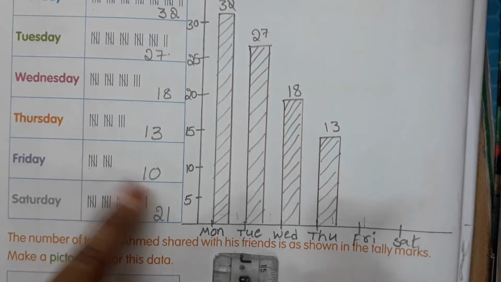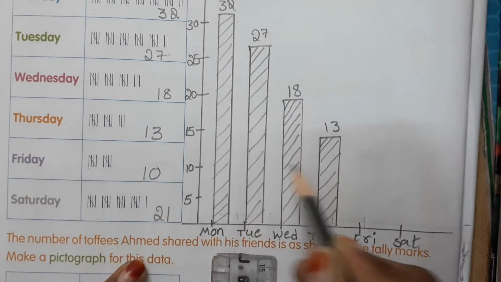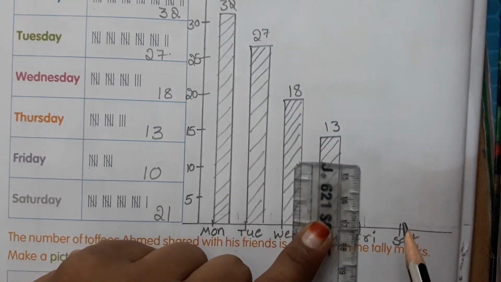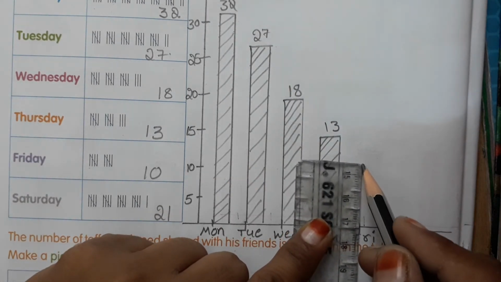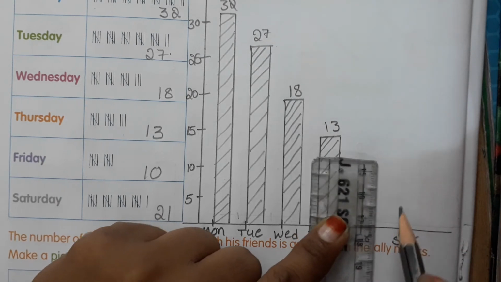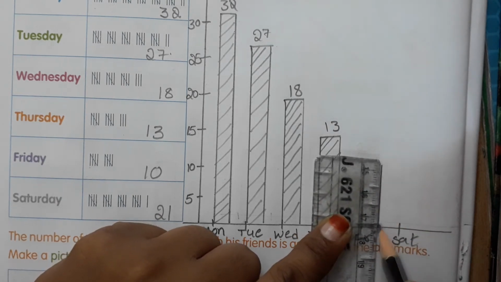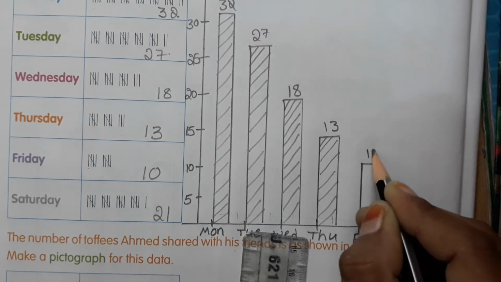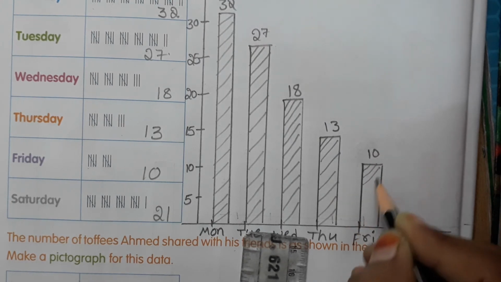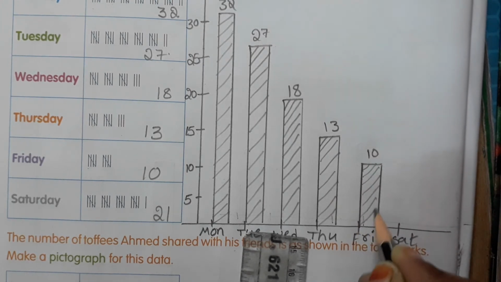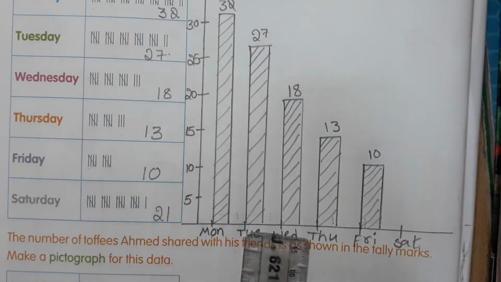Next Friday 10. Exactly draw a line up to 10. Next Saturday 21.